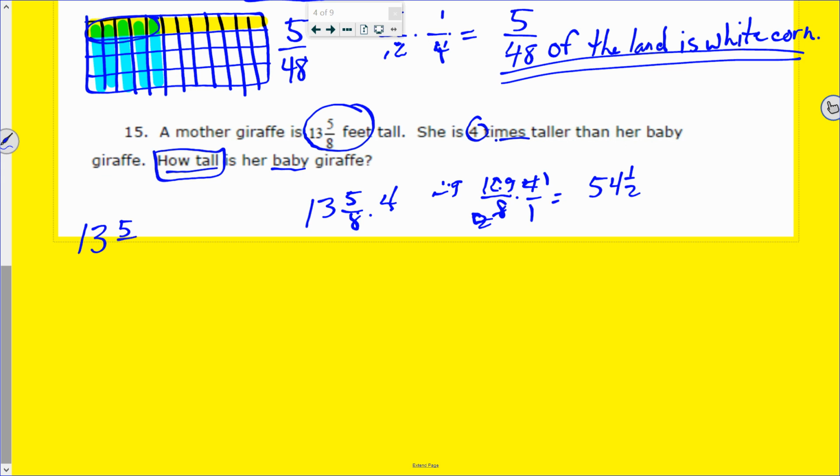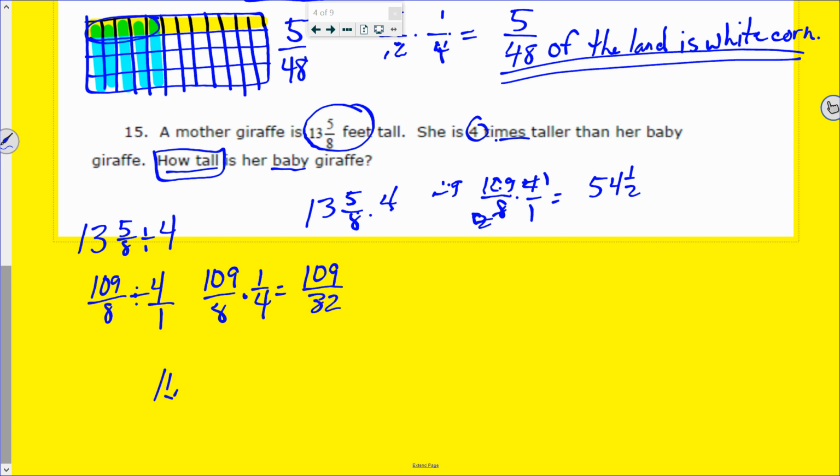So really what we're supposed to do is 13 and 5/8 divided by 4. We again do our slam dunk, we get 109 over 8, divided by 4. Any whole numbers go over 1, then we do our keep, change, flip, times 1/4. Now I don't have any reductions, so it's just 109 divided by 32.